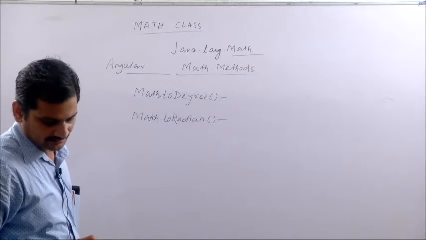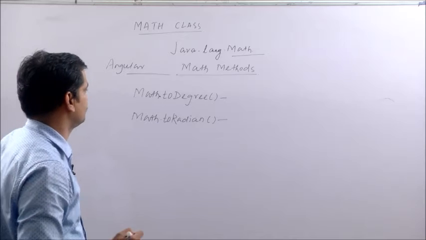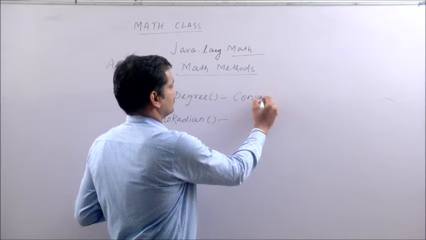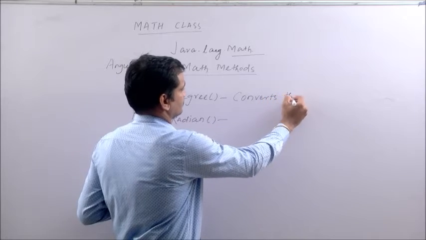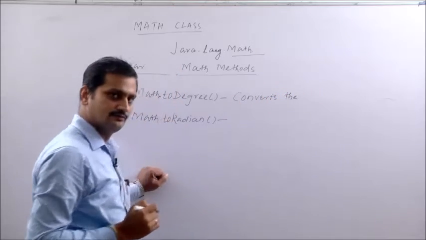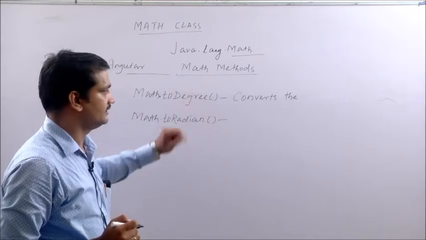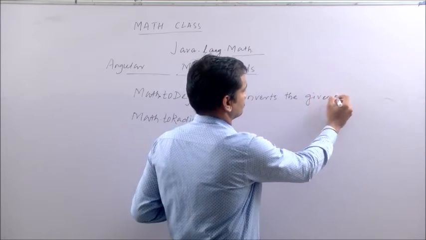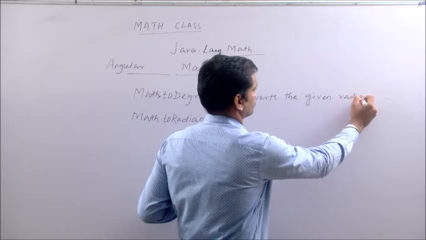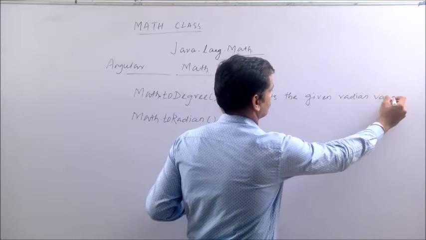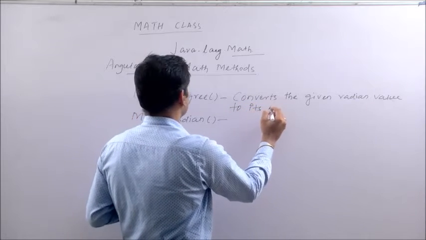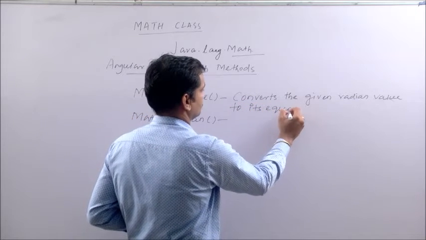toDegrees is a method that converts the given radian value to its equivalent degree value.